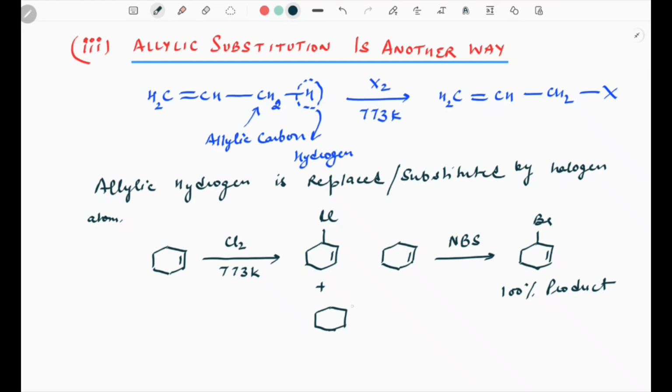That means you will get these products as well. But when NBS is used, it gives you selectivity, and you can also note that in allylic substitution, the carbon double bond does not add up any halogen, while all other methods include addition of halogen to the carbon double bond.